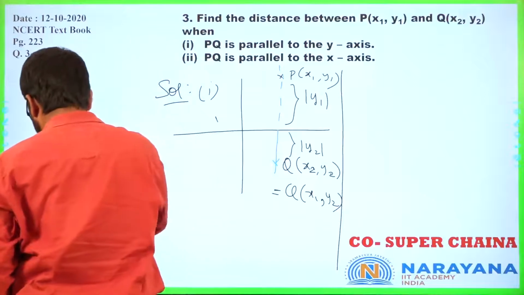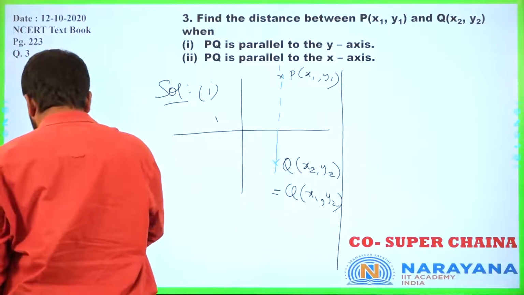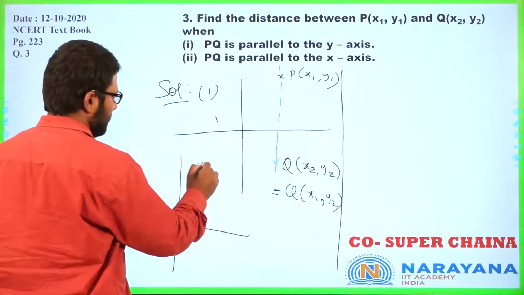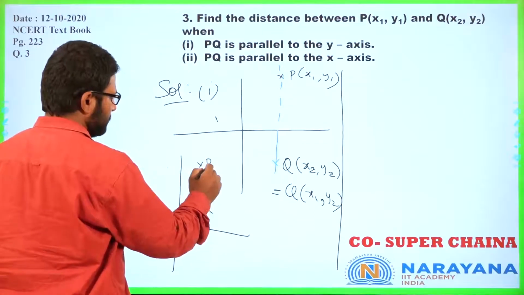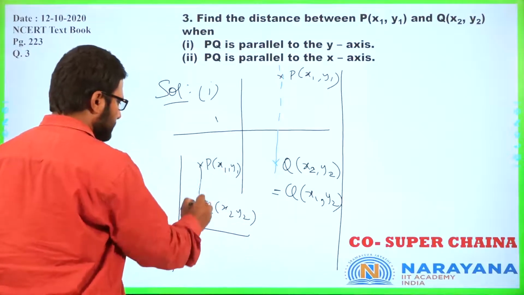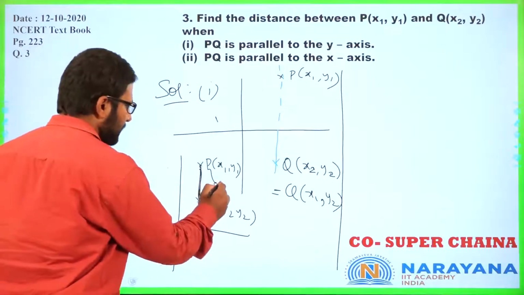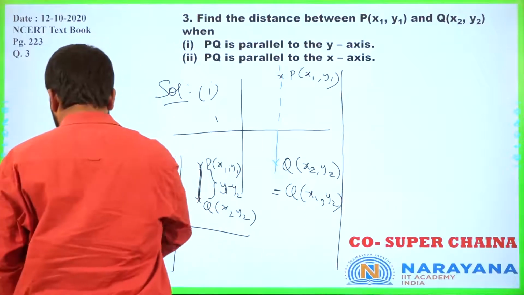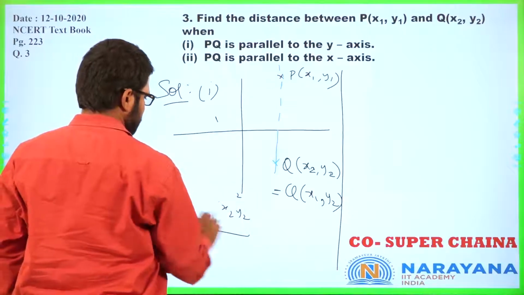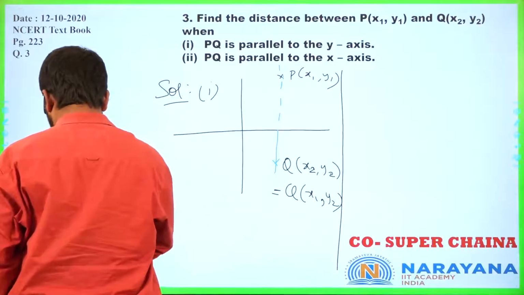So what we will do is draw another possibility and take P, take Q, x1, y1, x2, y2. Let's do this more neatly.